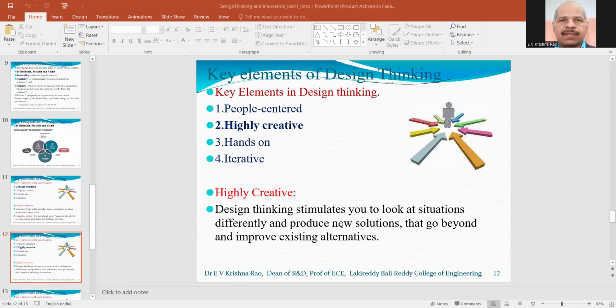Think beyond and propose some alternatives to the existing solutions, the alternative solutions, the innovative solutions. You have to think creatively. Creative thinking is very much essential to provide the design aspects to generate some innovative solution.